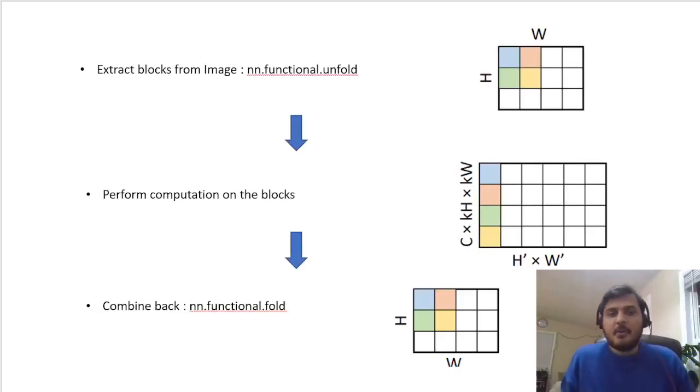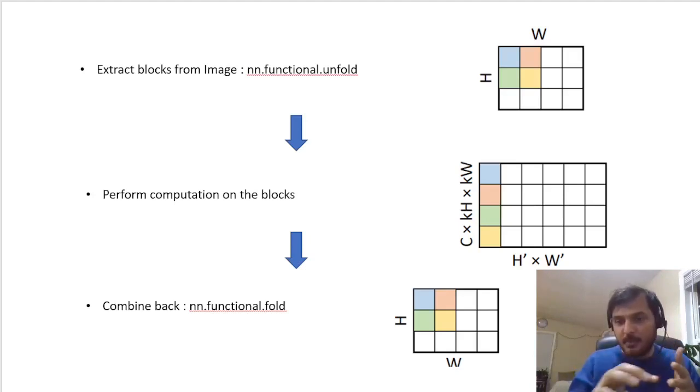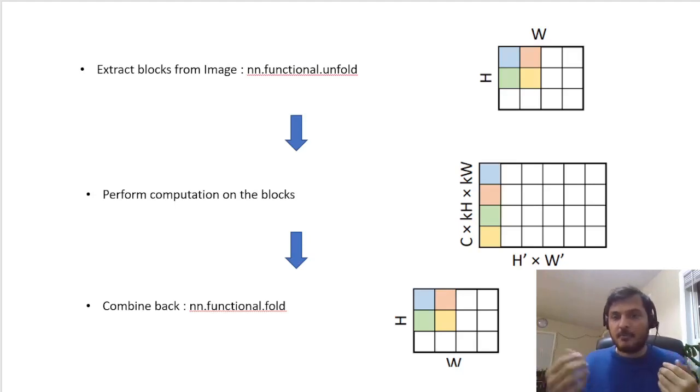Right. So convolution, before I say anything else, is an expensive operation, because I have to slide my kernel over the image and then compute operations. This is not the most efficient way of doing it. The reason being our hardware is more tuned for matrix operations, not convolutions.